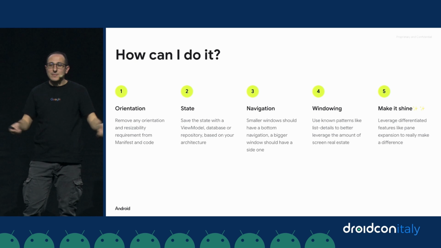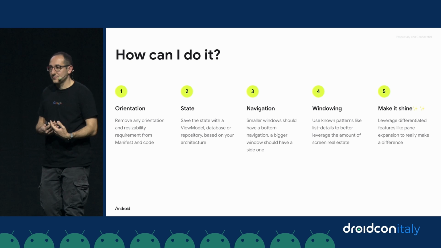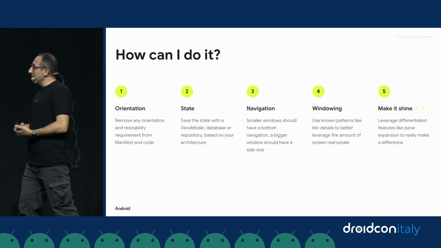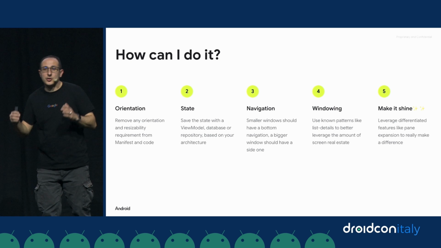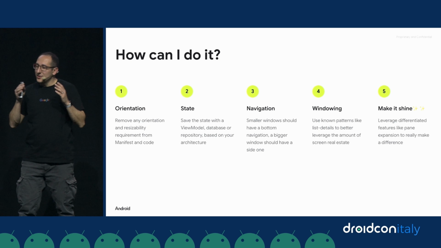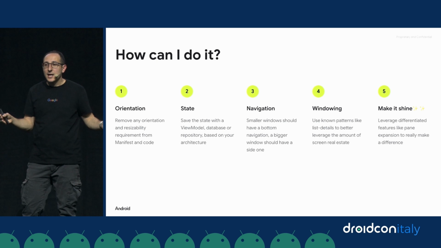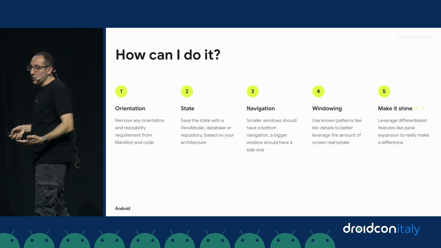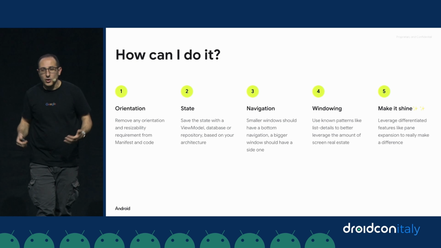Well, the vast majority of times, using a view model will help you. Then, navigation. We switch from the bottom navigation on smaller surfaces to the side navigation on bigger surfaces. That's much better for ergonomics, and that's much easier for your user to navigate on bigger screens.